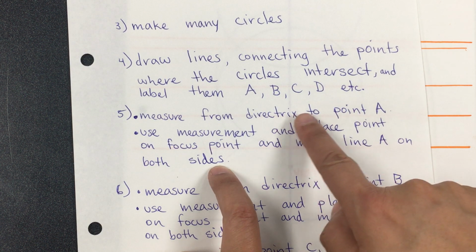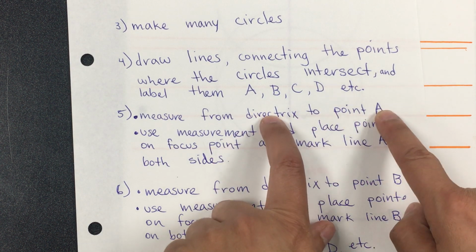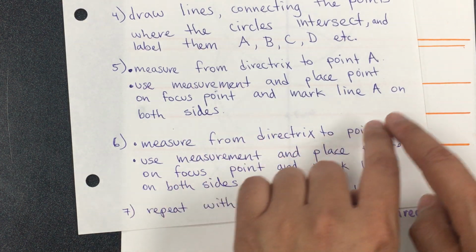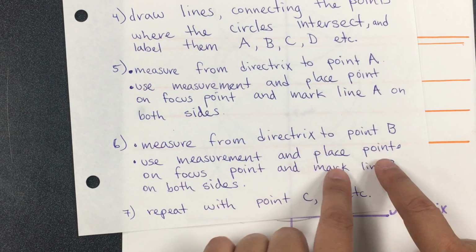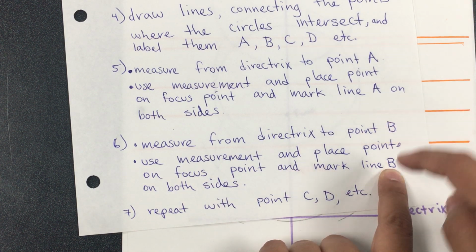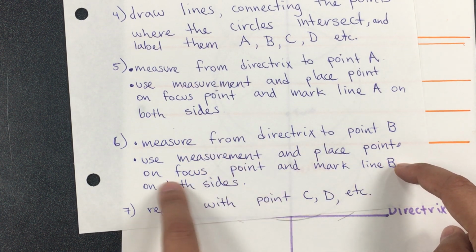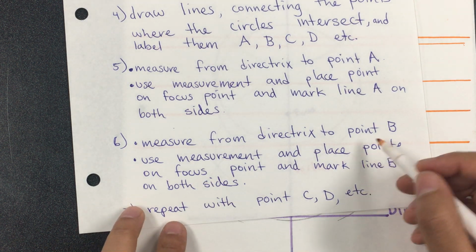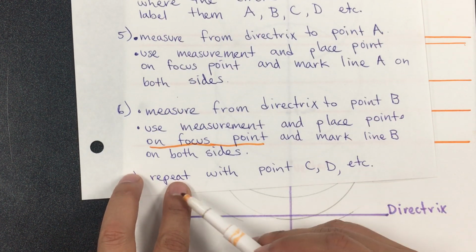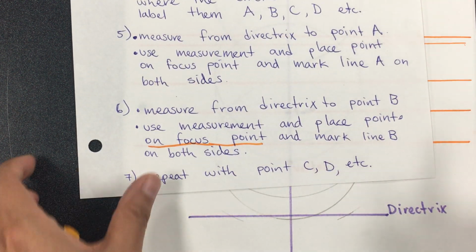So if we're measuring from directrix to point A, we're marking on line A. Then measure from directrix to point B. Use the measurement to place the point on focus point and mark line B. So B with B, okay? But the other important part is that we're placing the point on the focus point. And then we do that with point C and D and so on.